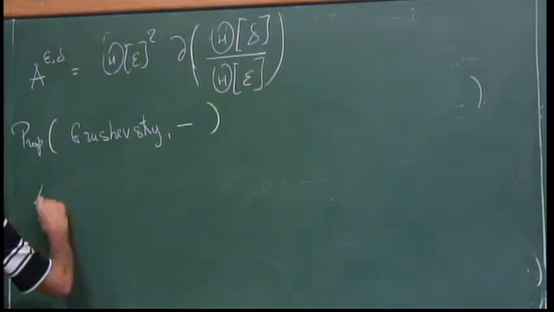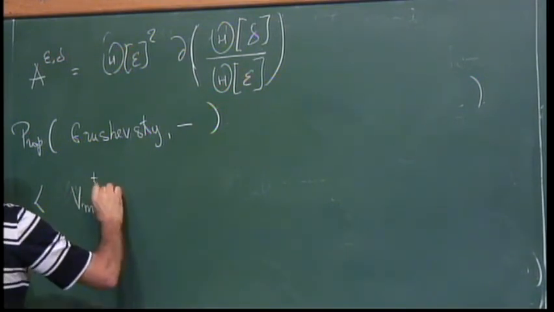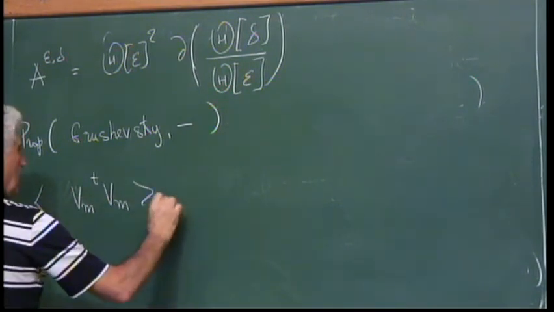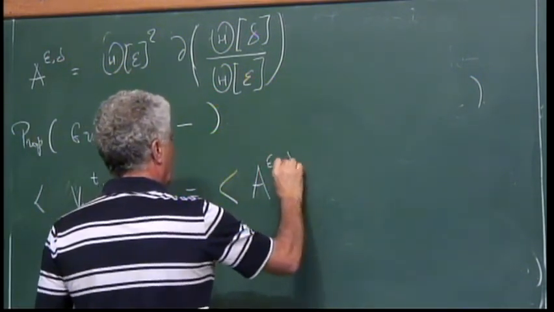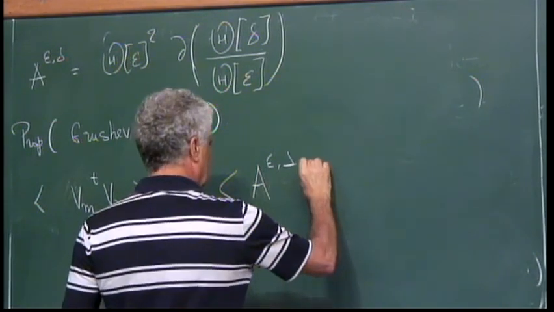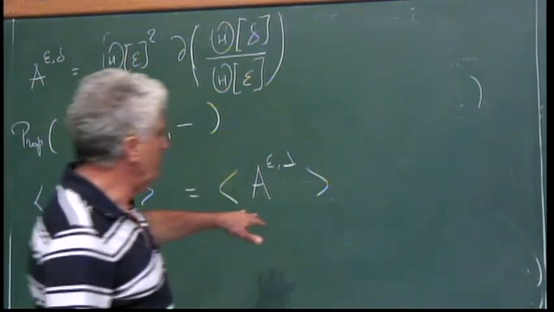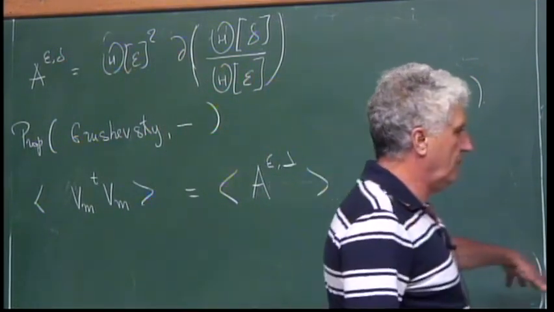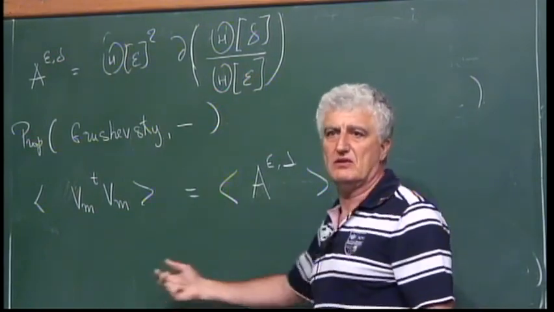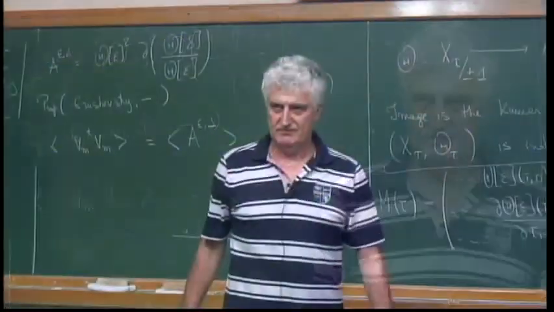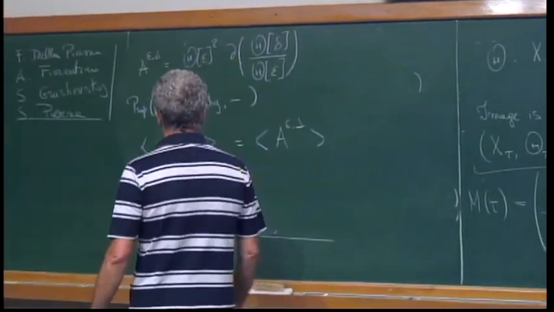The space spanned by the V_m transpose V_m and the space spanned by the A_{epsilon delta} is the same space. And this is essentially a consequence of the formula that I erased that was here, the so-called Riemann addition formula, the really old one. So you can differentiate that formula appropriately, and you get this form.